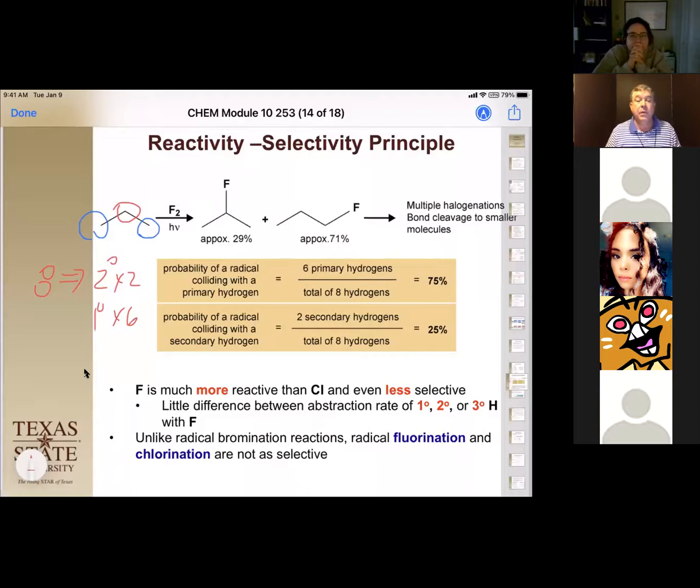Okay, so of the 8 total hydrogens, 6 of them are primary and 2 are secondary. Which means that in any reaction, if it wasn't selective, it should happen 75% of the time on the primary and 25% of the time on the secondary, just by statistics.